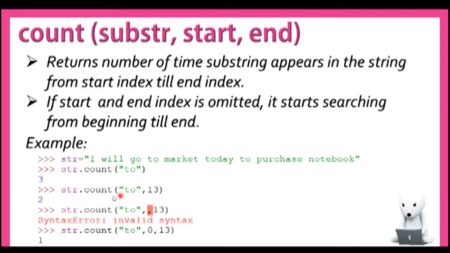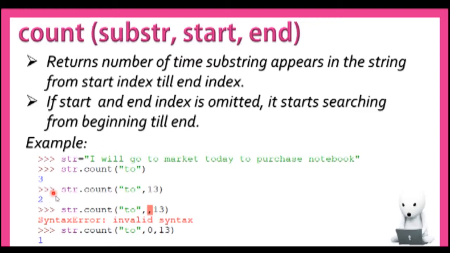If I say str.count 2, 13, that means I want it to start counting from position 13 till the end. From position 13 till the end we have only 2 occurrences of 2 in the string.